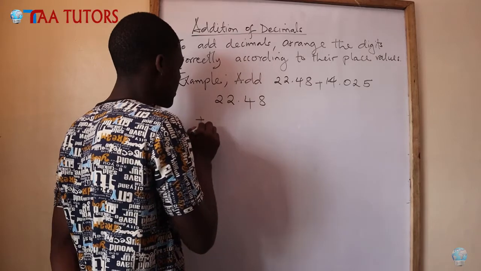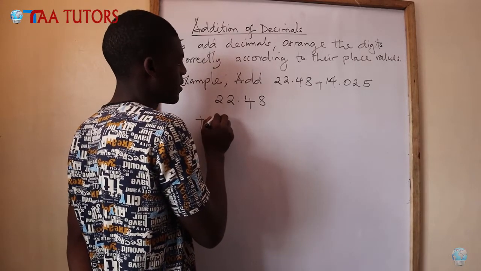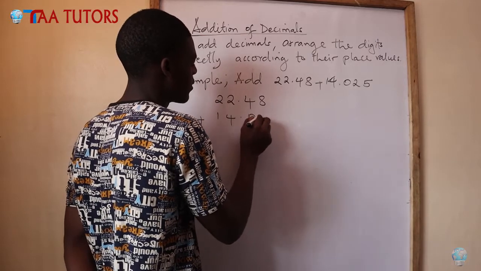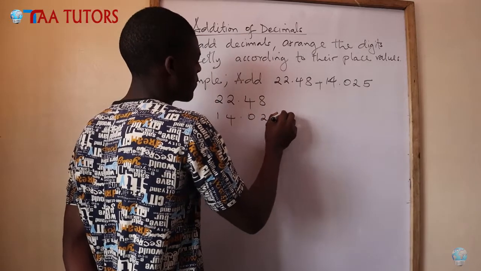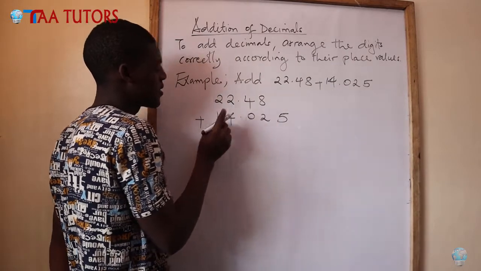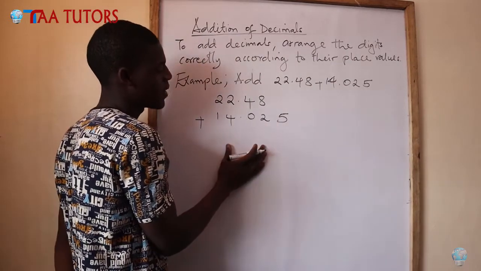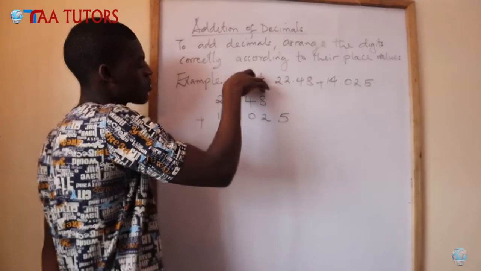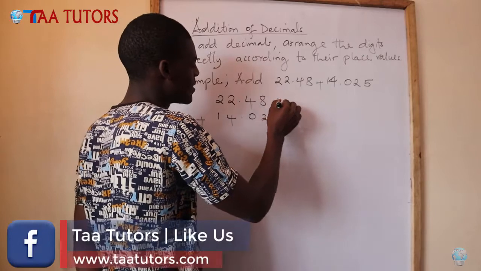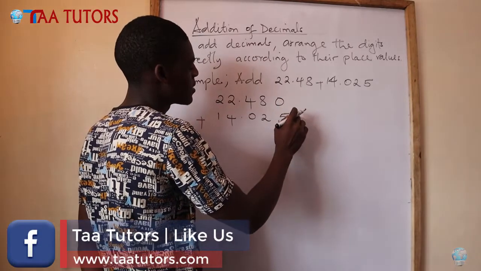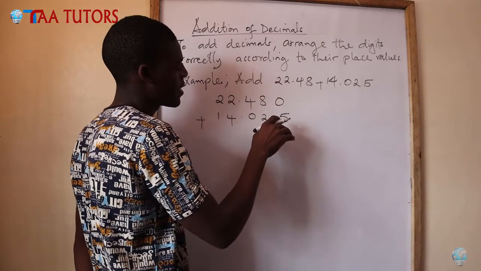22.48 plus 14.025. Now in this case, we can see that the number on the lower part has more decimal places than the number on the upper part. So what we do, we always add 0 so that the number of decimal places equal each other.